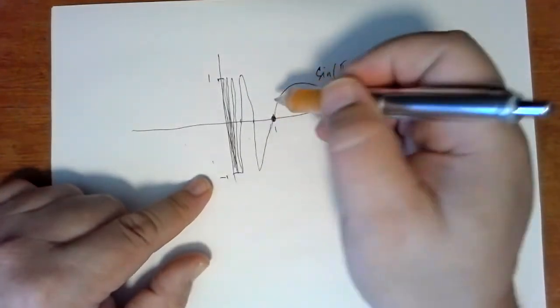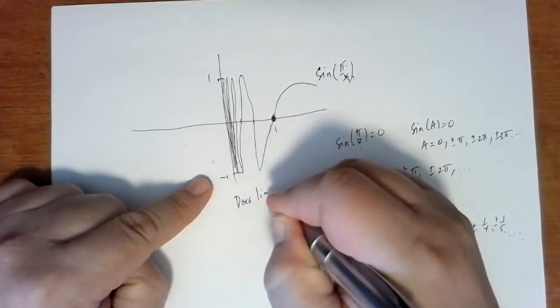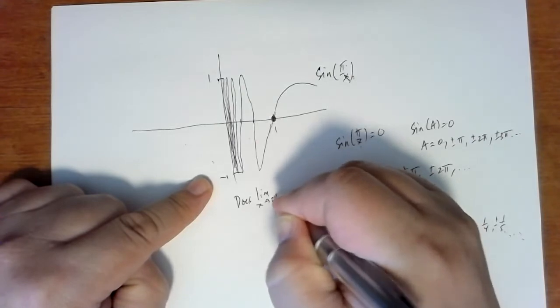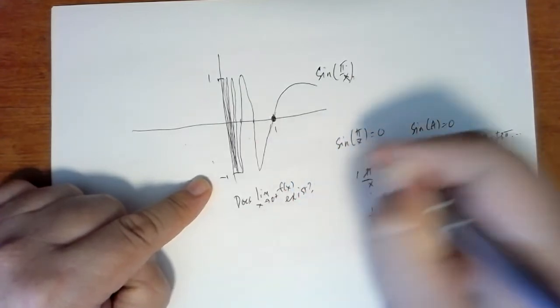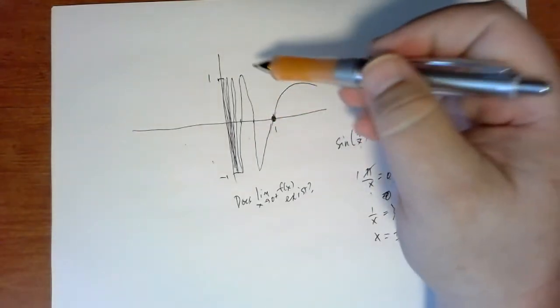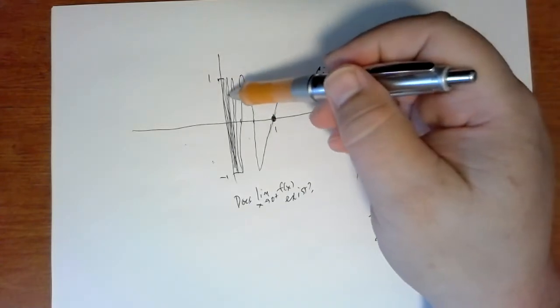But so the question is, does the limit exist? Does the limit as x approaches 0, let's just say from the right, of f of x exist in this case? Let me give you the wrong explanation and see why it's wrong. Here's the wrong explanation.